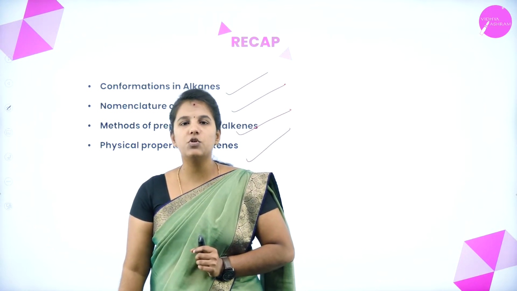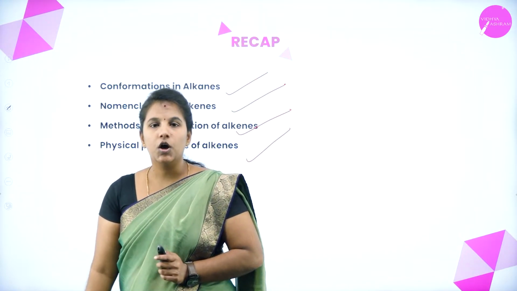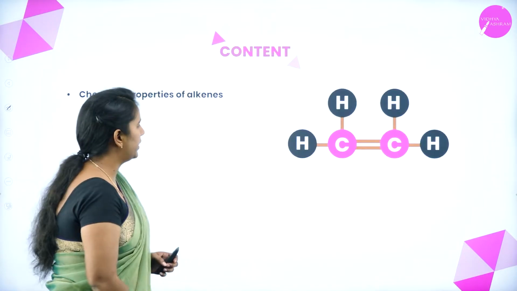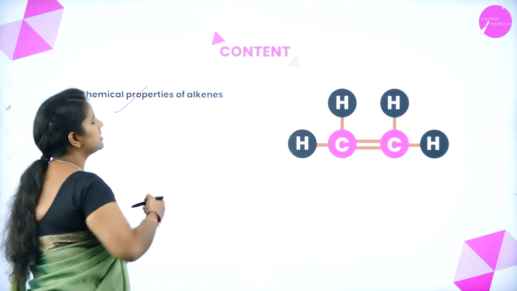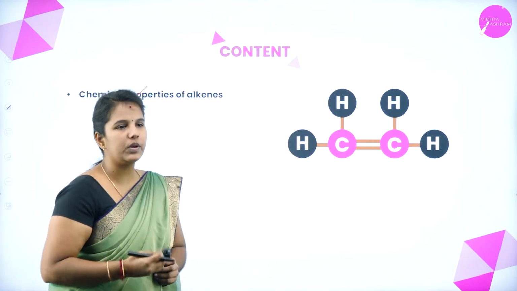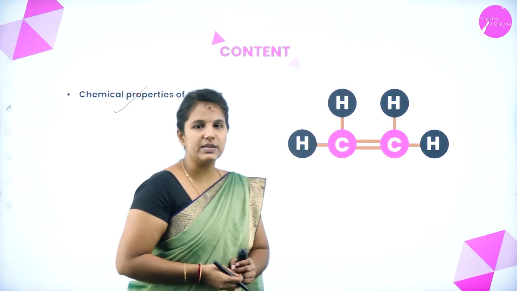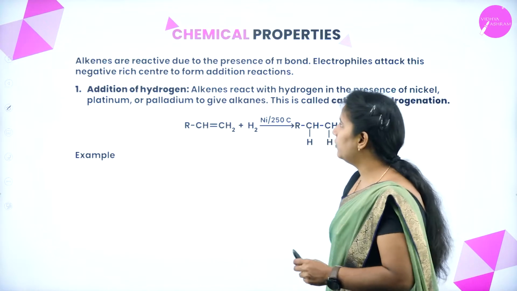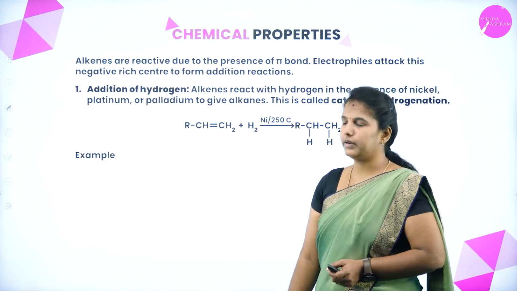Today, let us move on to the next topic of alkenes, the chemical properties. We are going to understand the different chemical properties exhibited by the alkenes. So, firstly, I'll go with the chemical properties.